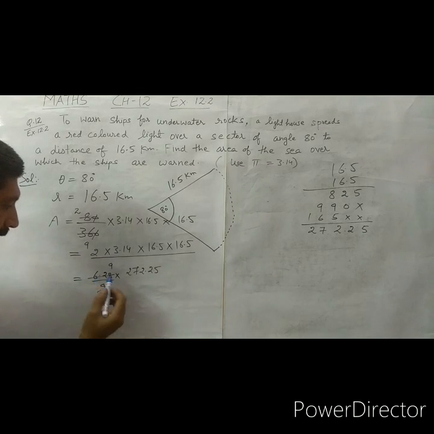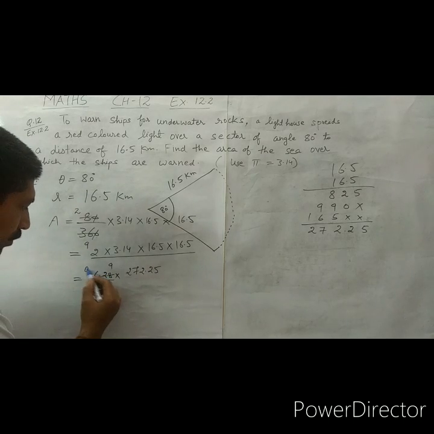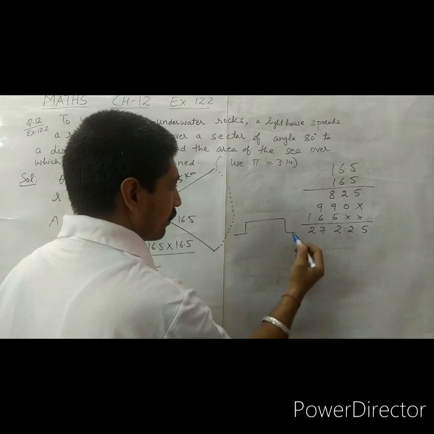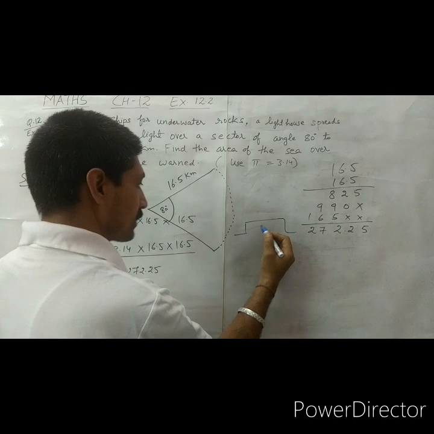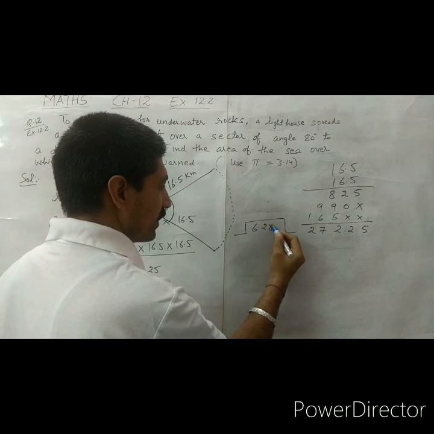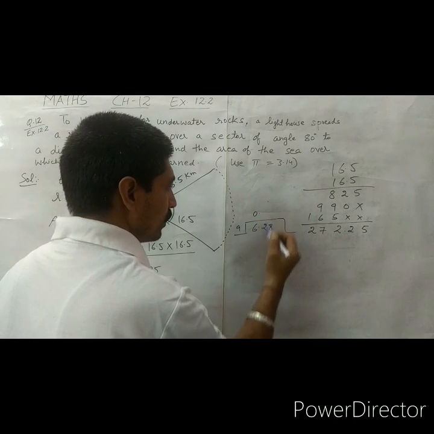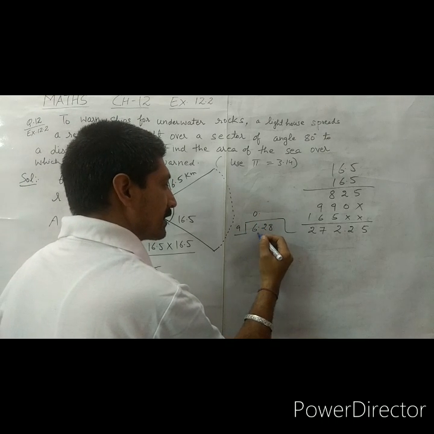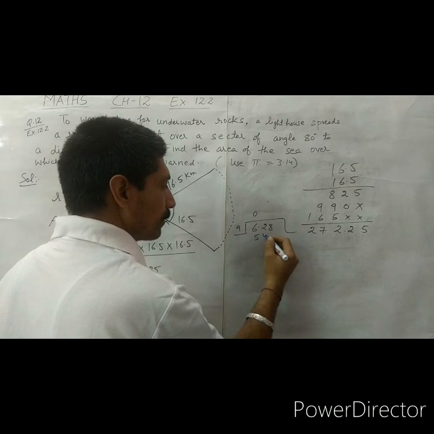Here you can go for the calculation, or even we can divide this one with 9 also. 6.28 with 9. 9 6s are 54.